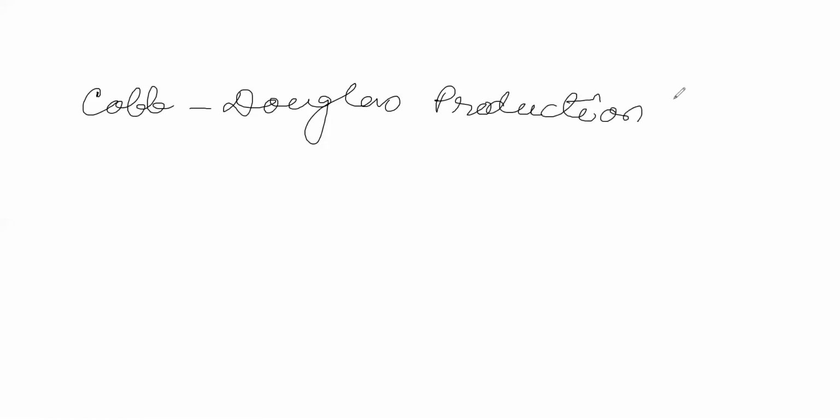So basically the Cobb-Douglas production function is given over here as Q is equal to K to the power 0.4 and L to the power 0.5.